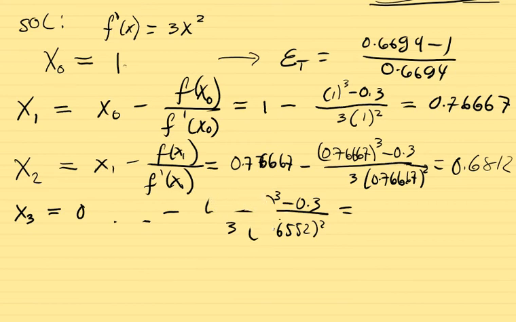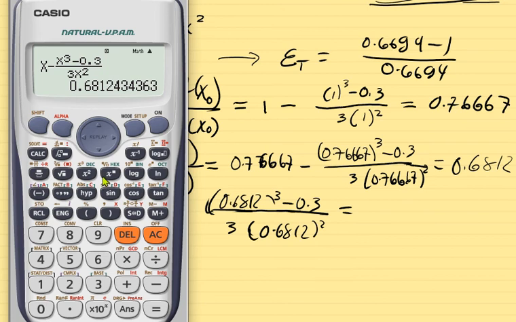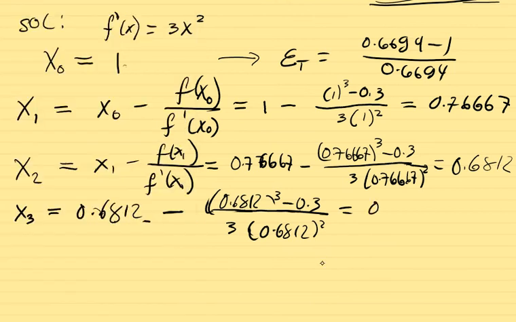So, 0.6812 minus 0.6812 cubed minus 0.3 all over 3 times 0.6812 squared. Then we press calc again, then answer and equals. So this will be our new value, 0.6696.